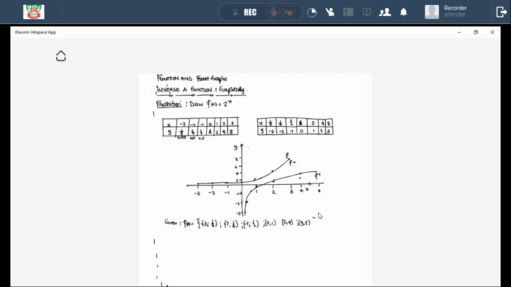This is your function given. Now, f inverse is going to be equal to what? I'm now interchanging positions. This becomes a quarter and negative 2. Then this becomes a half and negative 1. There you go, which is 1 and 0, 4 and 2, 8 and 3, something like that. That would be the inverse function.